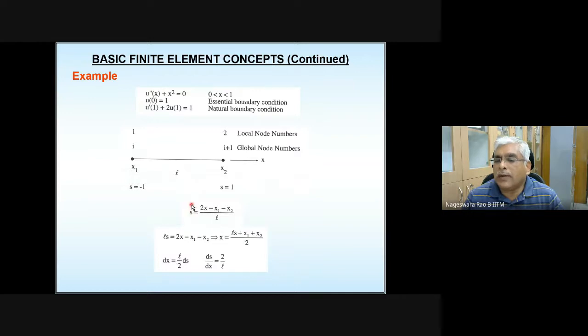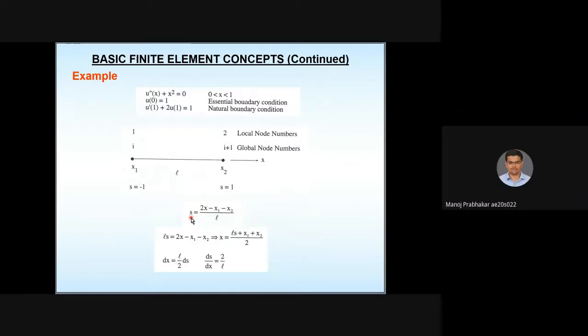What is the relationship between local coordinate system and global coordinate system? We just check. When I say this is the relation between s and x, don't immediately take it for granted. Please cross check. If you substitute x is equal to x1 here, what is going to be the s value? -1.